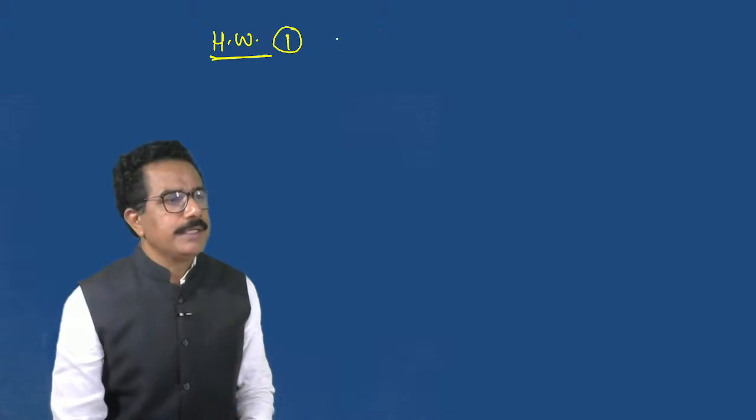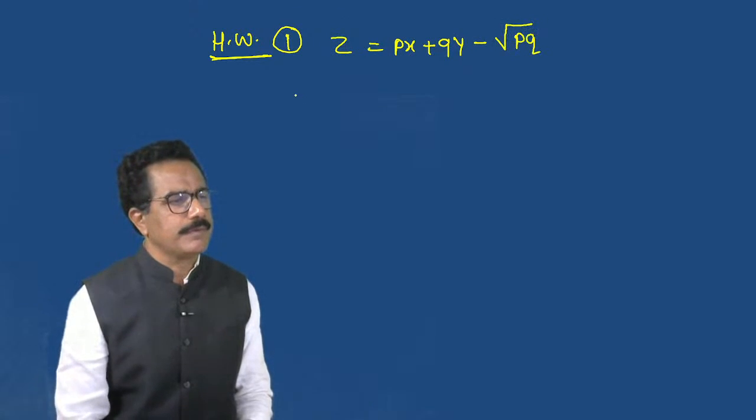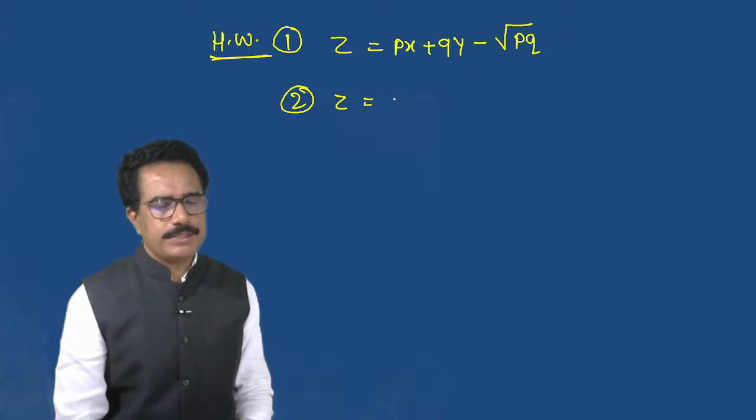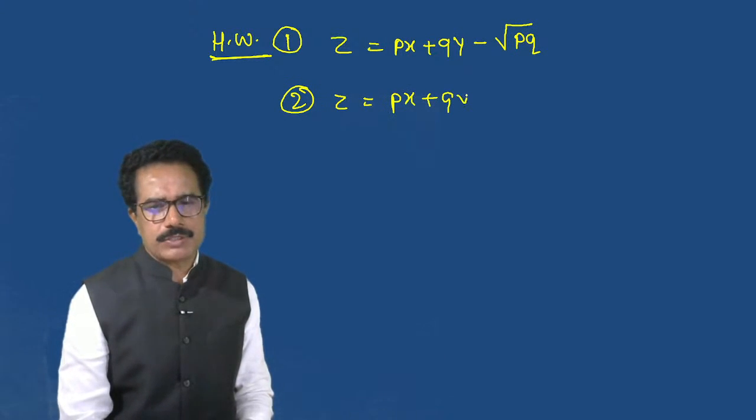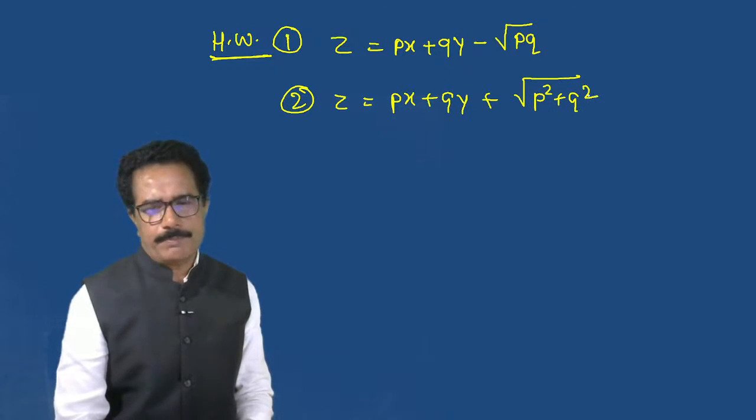Homework: first, z equals px plus qy minus root of pq. Second, z equals px plus qy plus root of p square plus q square.